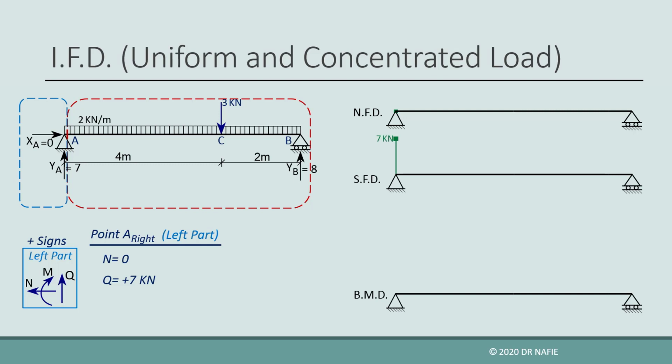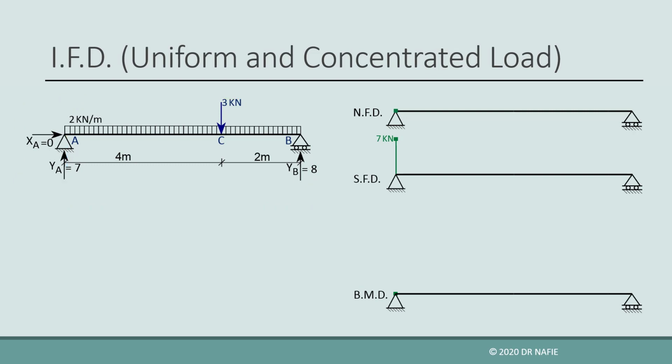We draw this value to scale on the shear force diagram. To find the value of the internal bending moment, we take the moment of all the forces located at the left part about the considered point, which is point A. The moment about point A will be 0 because all the forces in the left part pass through point A.